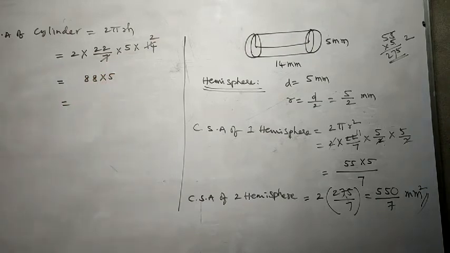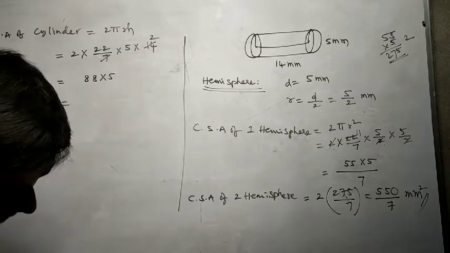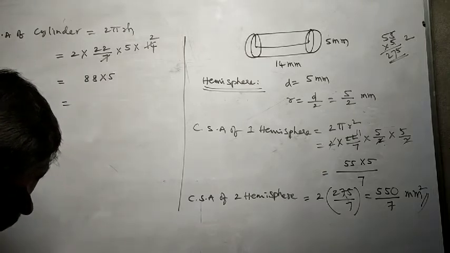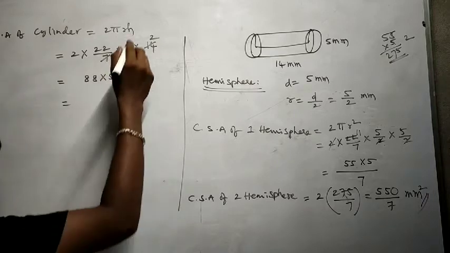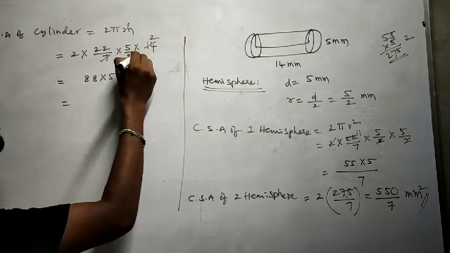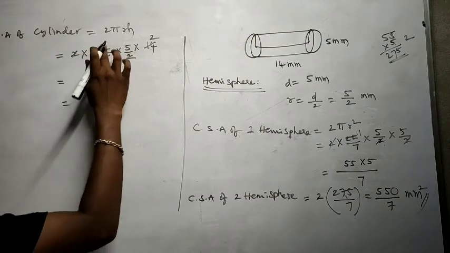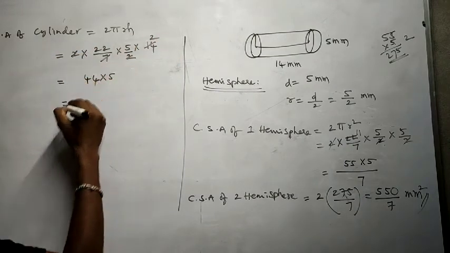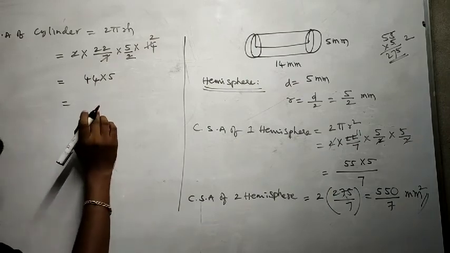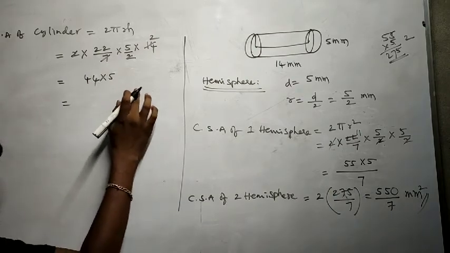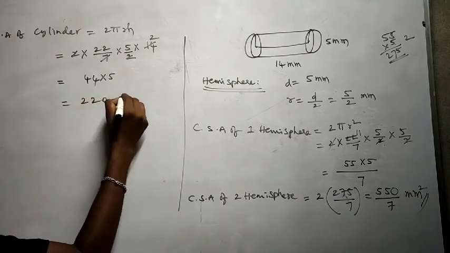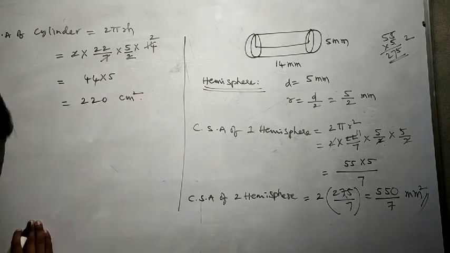So 5 8s are 40, 440. R value actually we know is 5 by 2, and 2 and 2 get cancelled. Simple, we'll write 44 into 5. So 4 5s are 20, so 220 centimeter square.